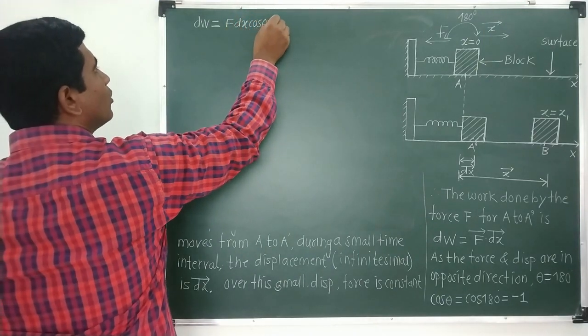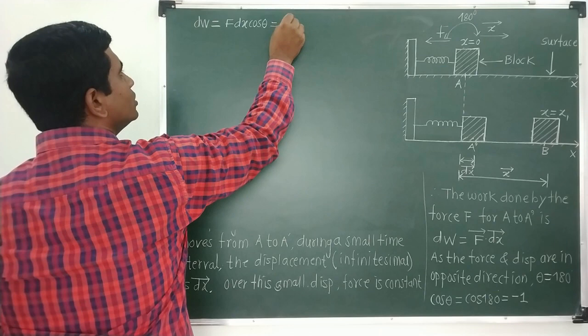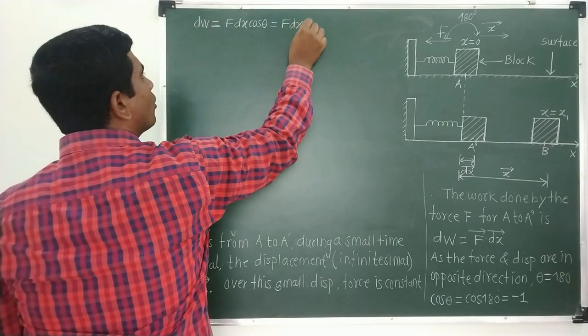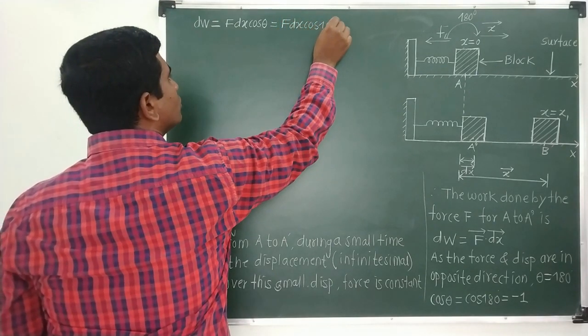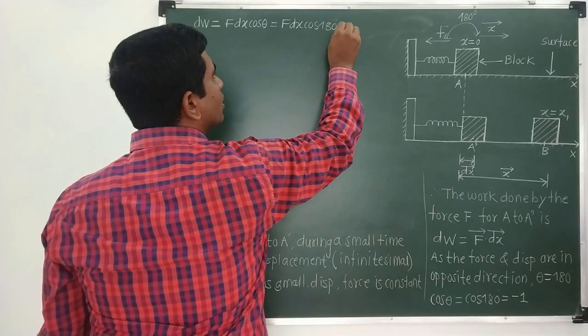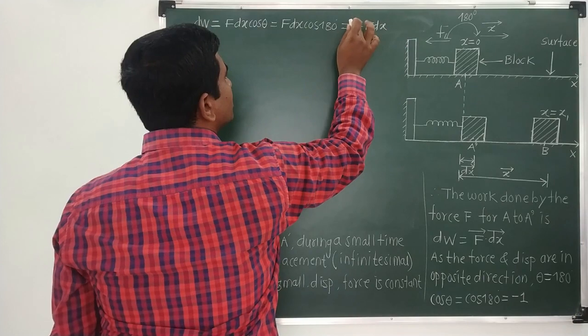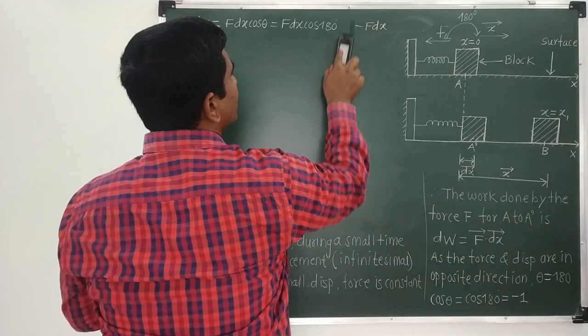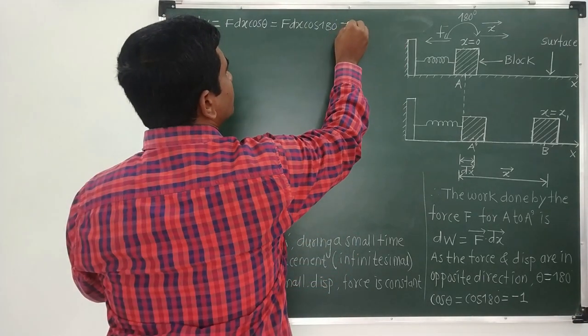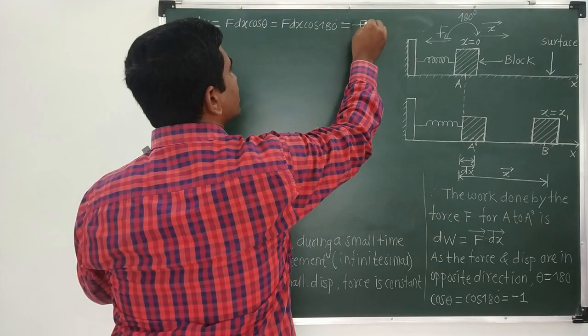So cos theta value is minus 1. So it is F dx into cos 180. So this will be nothing but minus F dx. Okay, so this is equal to minus F dx.